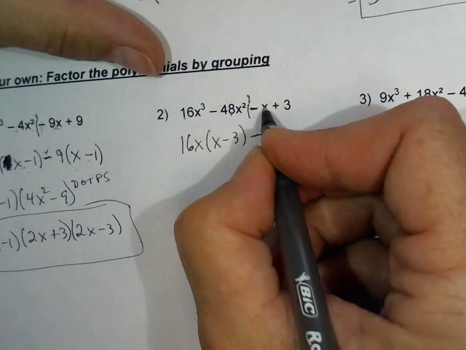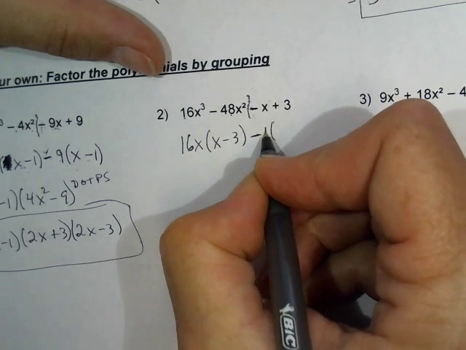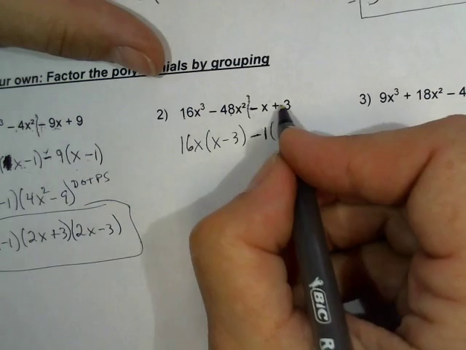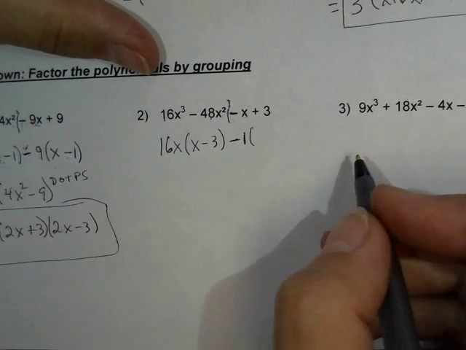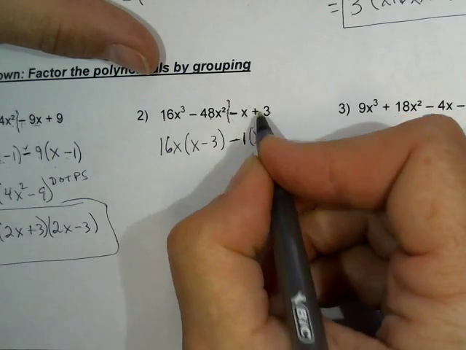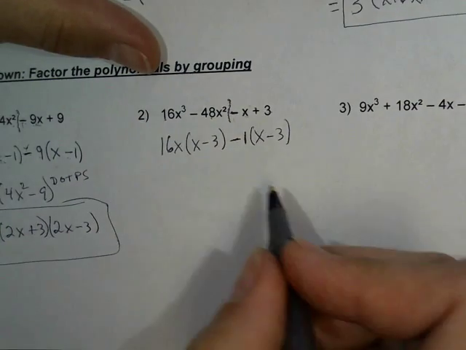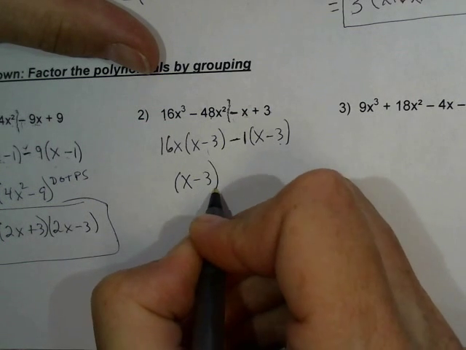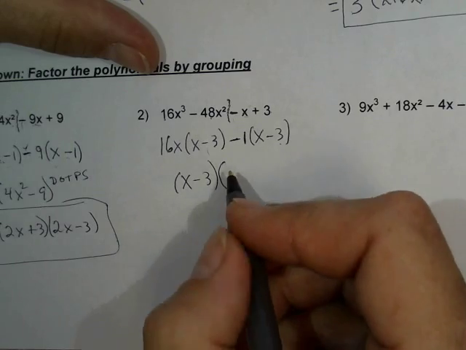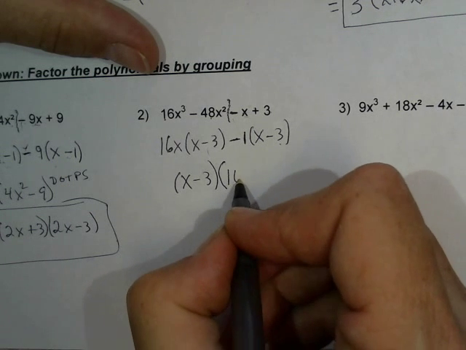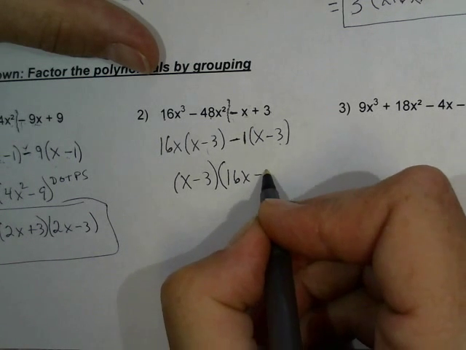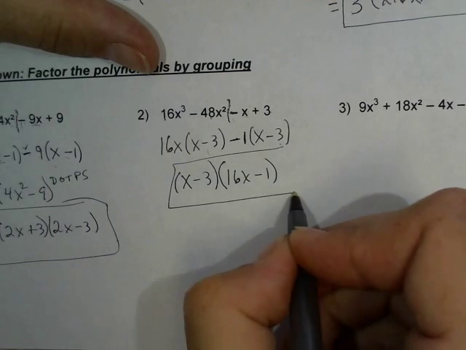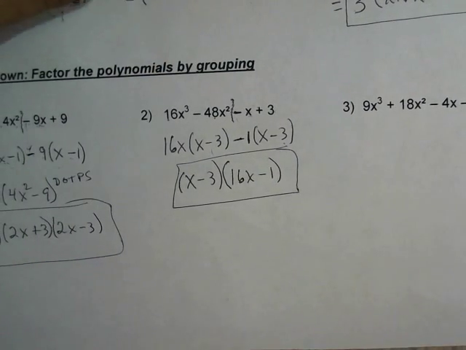And if you divide negative x by negative 1, because there's no GCF between the x and the 3, we're going to be left with positive x and a minus 3. And now those two match, so we're going to write them out front, x minus 3, write it once, and then we'll be left with a 16x minus 1. And that'll be the final answer there.